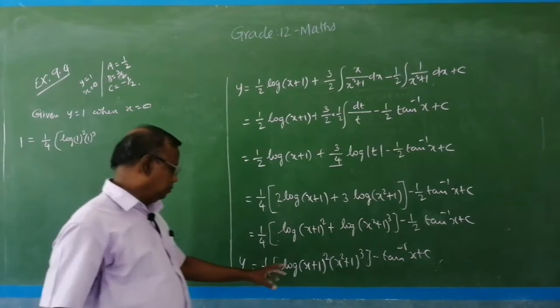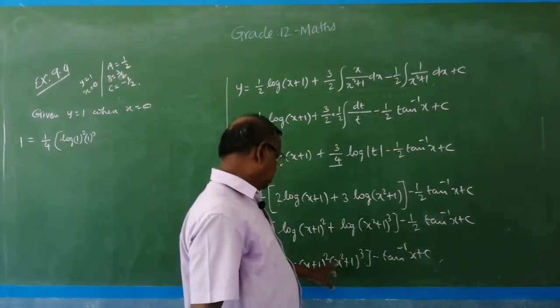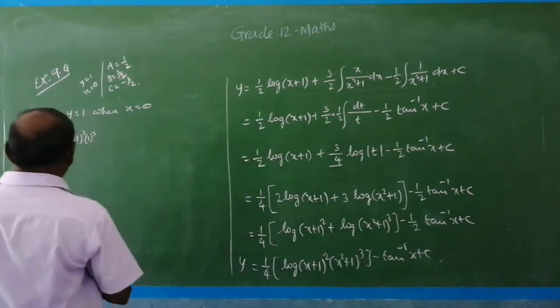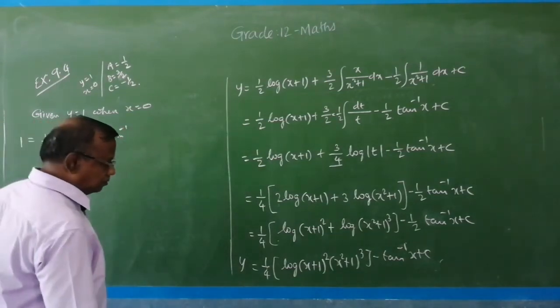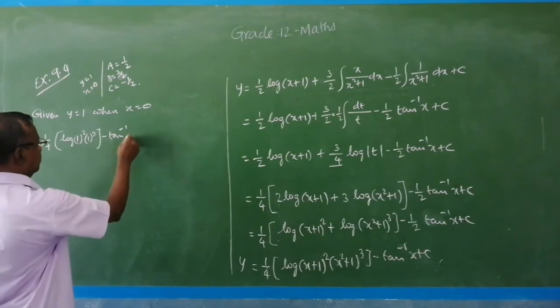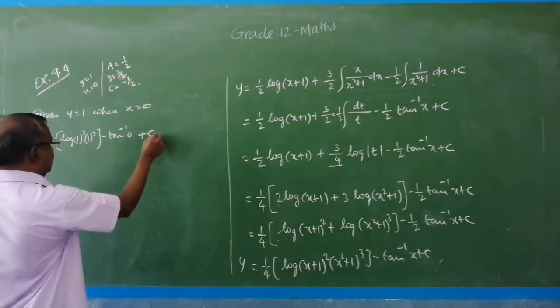Here x equal to 0 means 0 plus 1, 1 square, 0 means 1 cube minus tan inverse of x equal to 0 plus c.